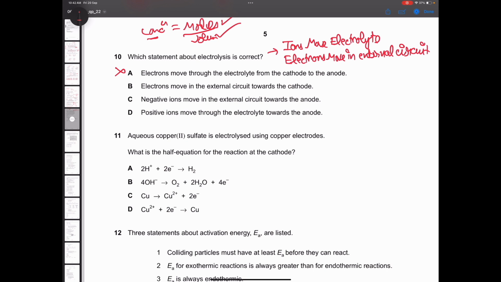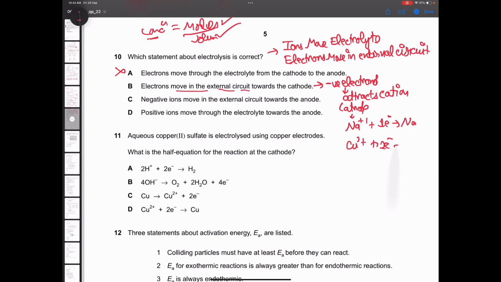Next option. Electrons move in the external circuit towards the cathode. Now, cathode is the negative electrode, which attracts cations. The equations at the cathode are typically like Na+ + 1 electron giving Na, Cu2+ + 2 electrons giving Cu.